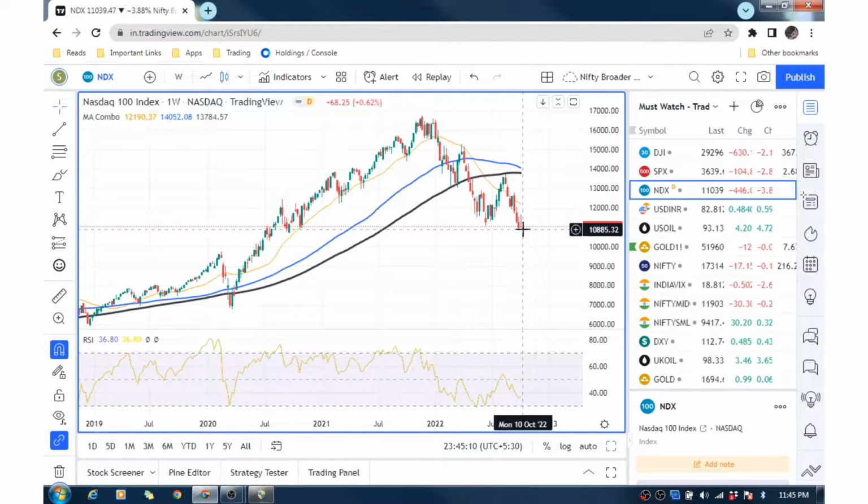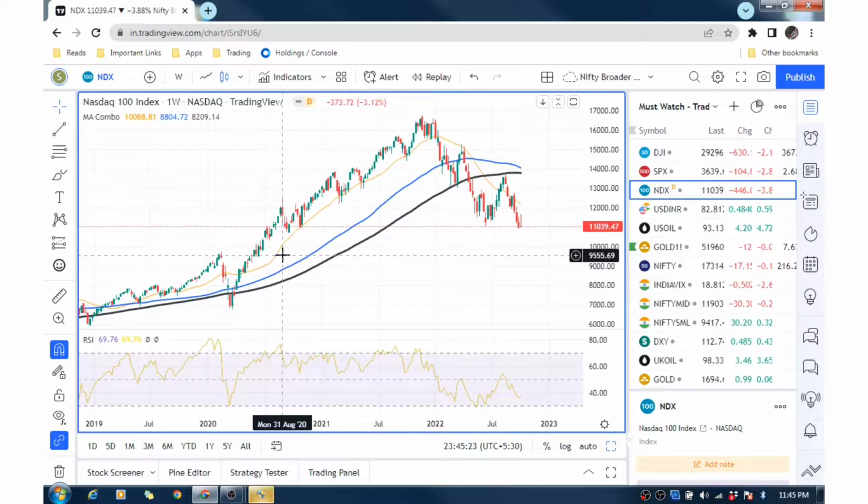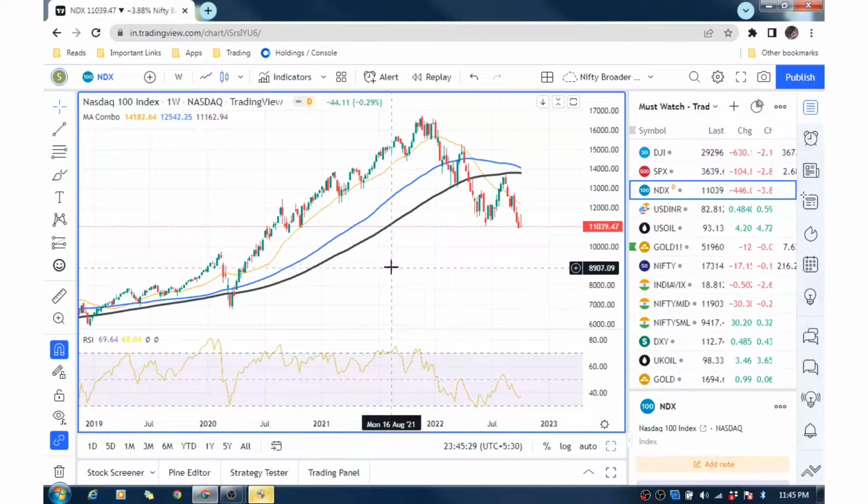However, we'll have to wait and watch. If it breaks this level of 10,900, then it can further fall till 9,500 or 9,600 levels, okay. So that's the story on US market indices. Currently the picture looks bearish across various indices.